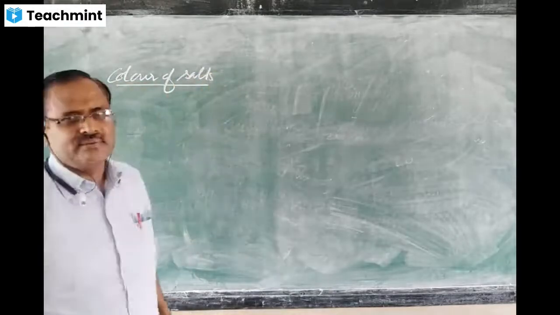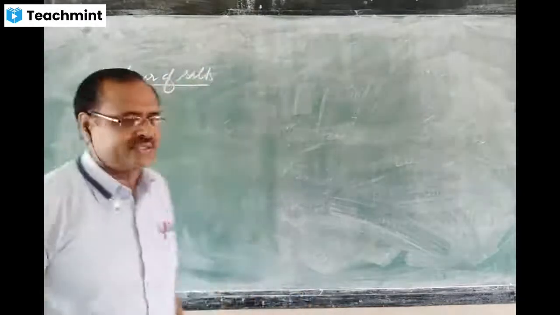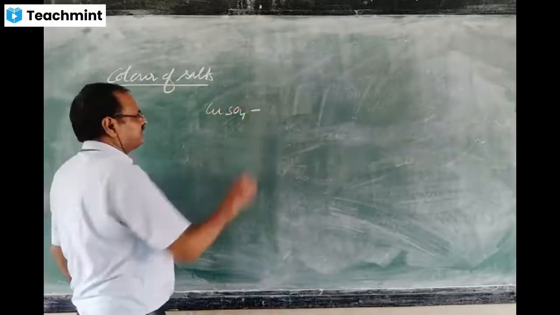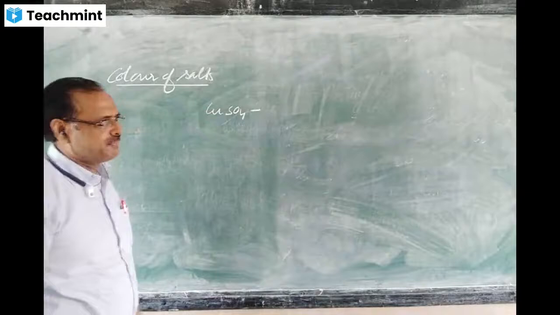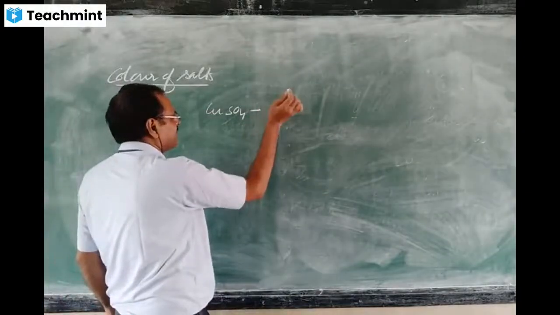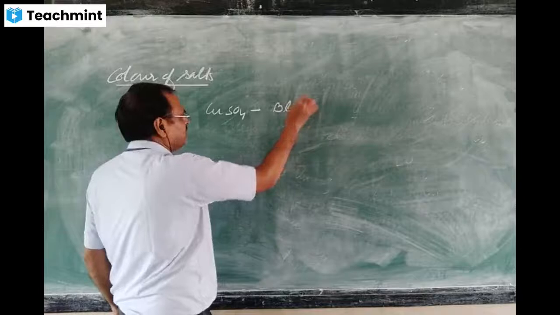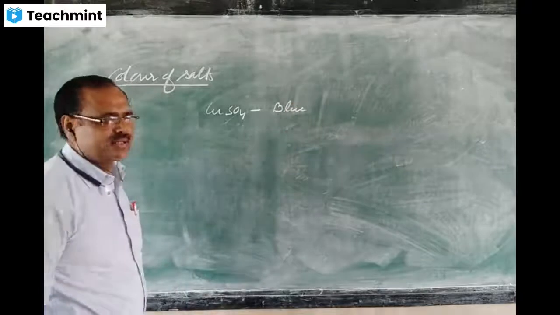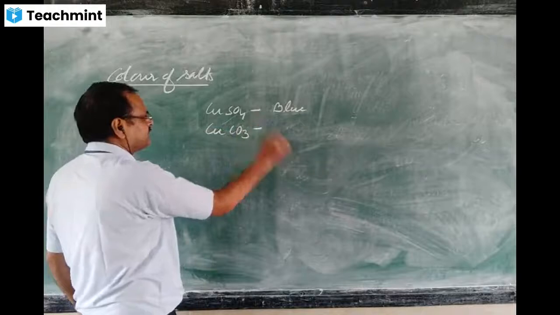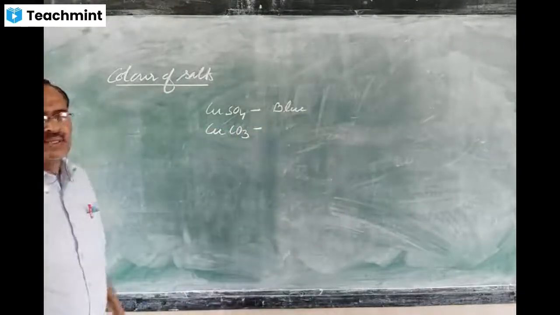You must have seen copper sulfate. What is the color of copper sulfate? This is blue in color. Then you have seen copper carbonate. What is the color of copper carbonate?